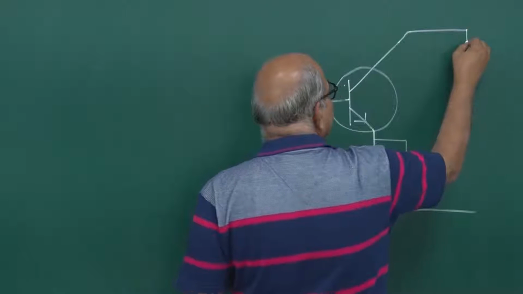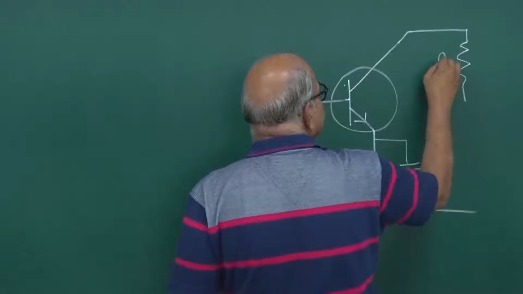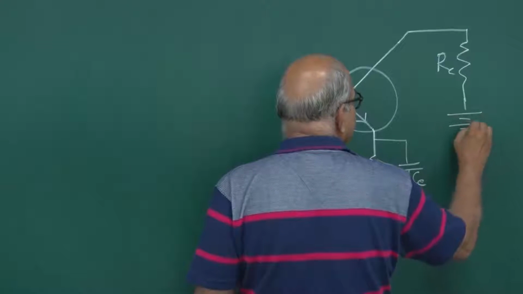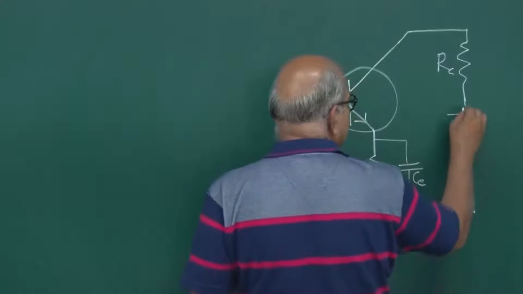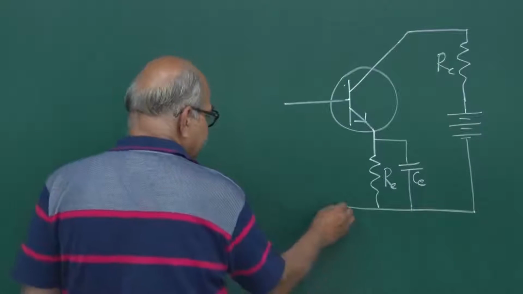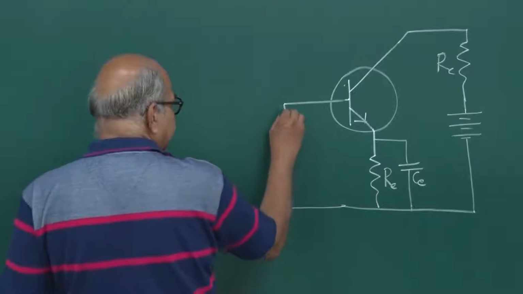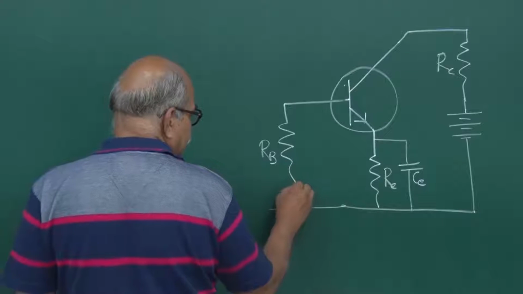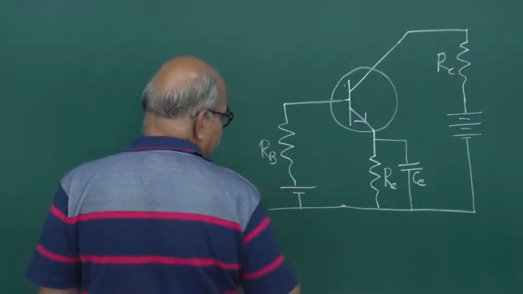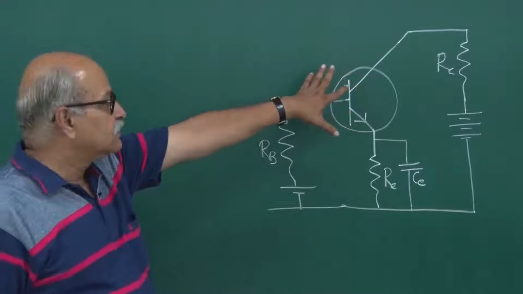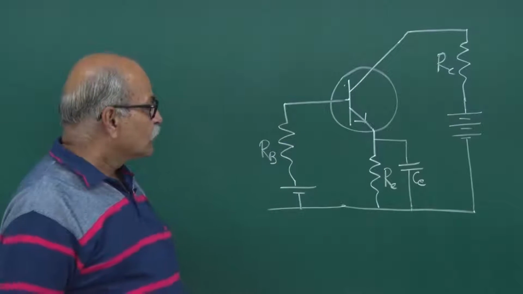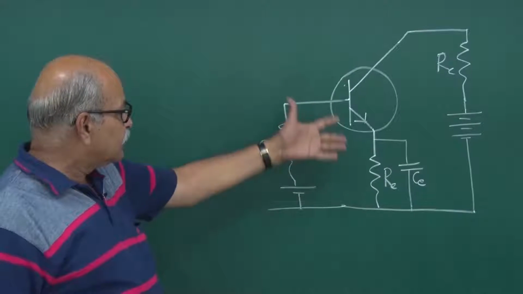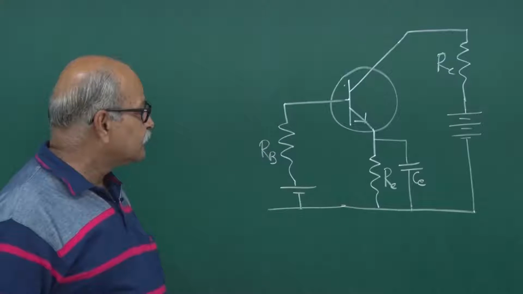So, we put up a resistance RC, and then the bias voltage here like this. On this side we have this RB resistance, and then we put a biasing voltage once again here. So, this is the basic configuration of this amplifier. This we had discussed in detail. There are some more modifications, but basically this is the thing.